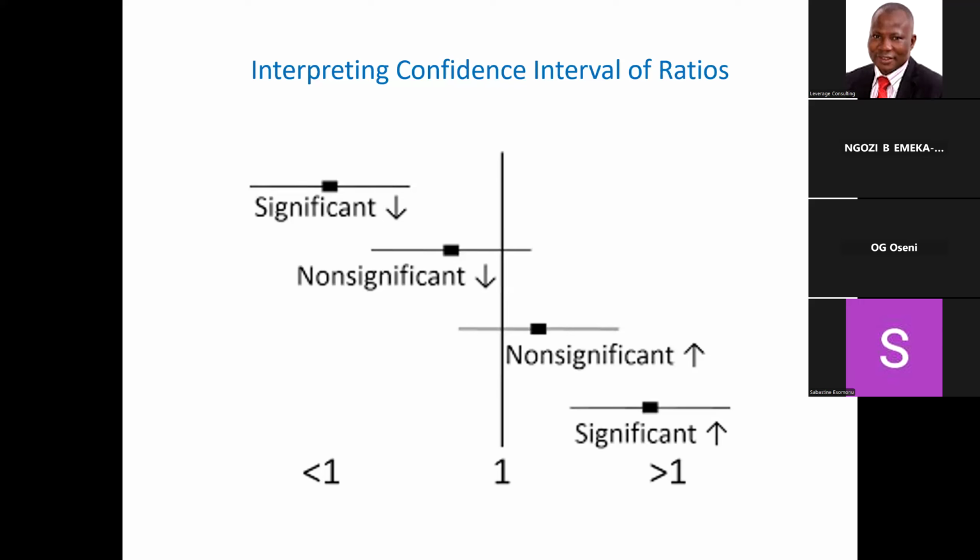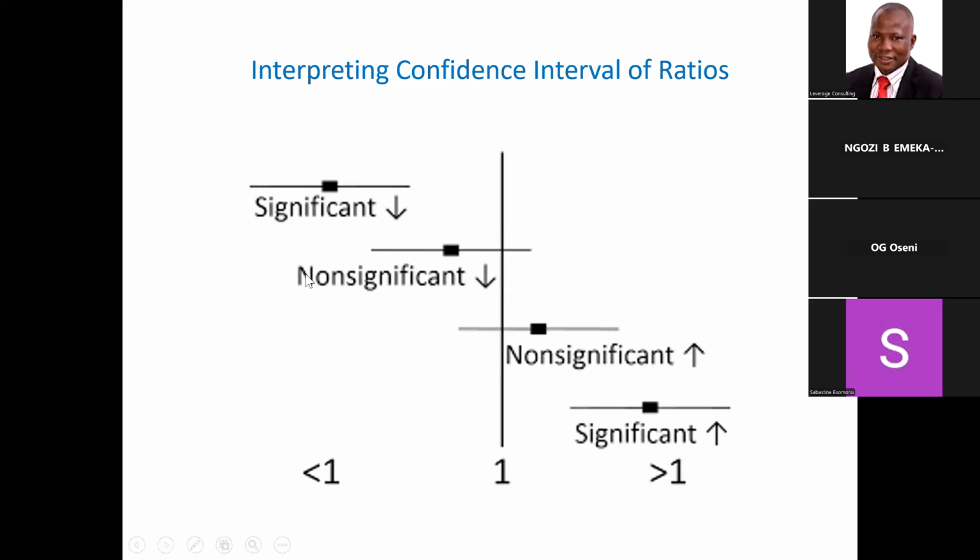So you see all those 4 possible ways, what I'm showing in this slide now, all those 4 possible ways you can perceive it. Look at it on the left side now. In the first one, both the lower and upper limits are below 1. That shows that it's significant, but it means that the factor is protective.